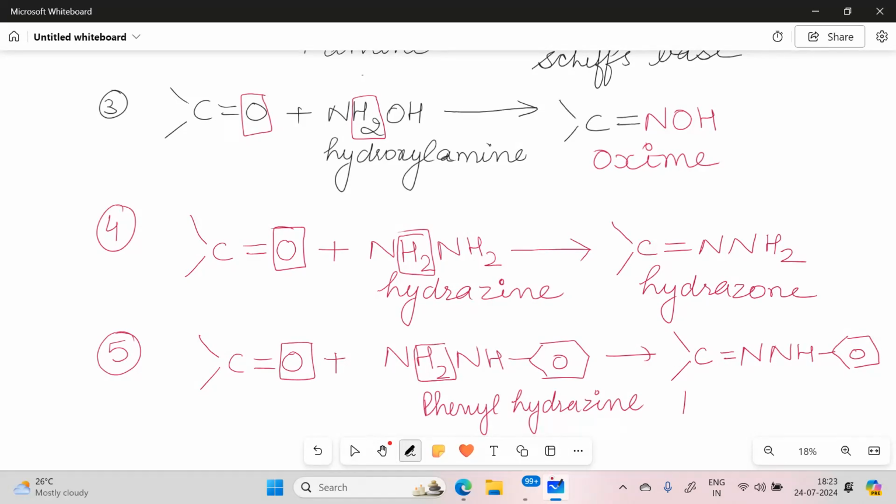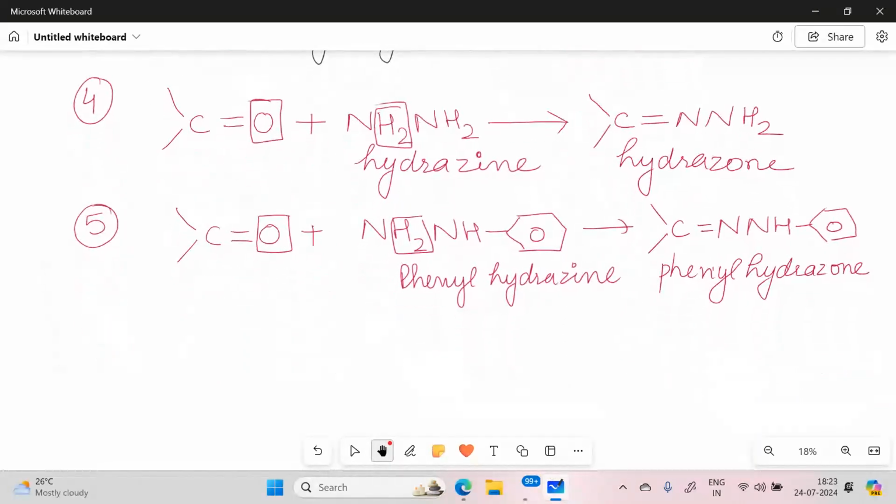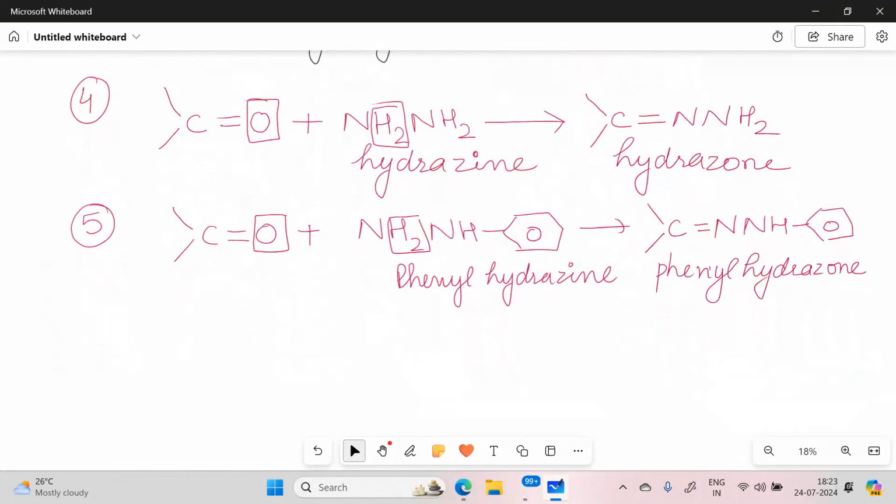Combine, and its name: hydrazine is always converted into hydrazone. Phenyl hydrazone. So the fourth, fifth, sixth, seventh are related to hydrazine. If we replace one hydrogen of hydrazine with a benzene ring, it is phenyl hydrazine.